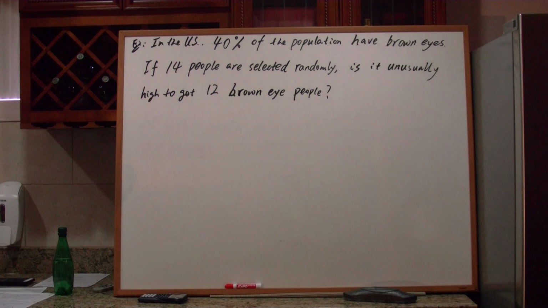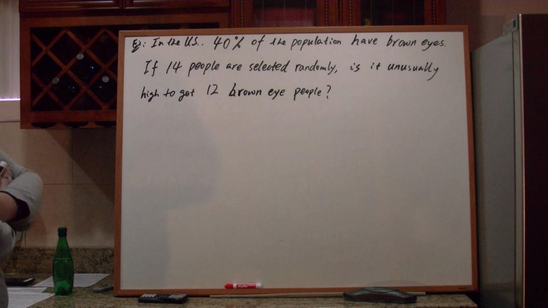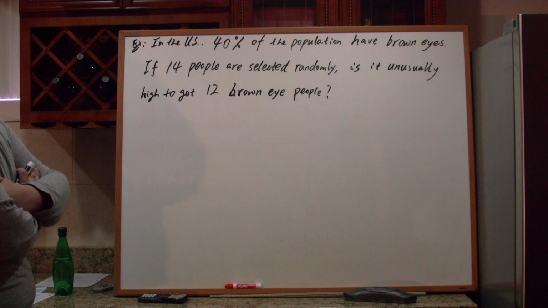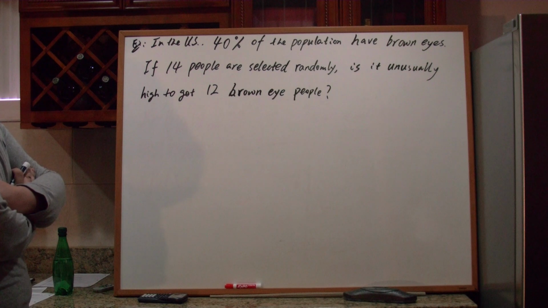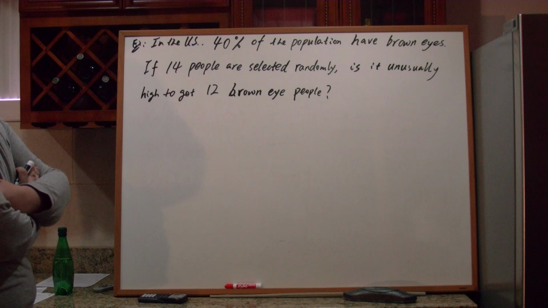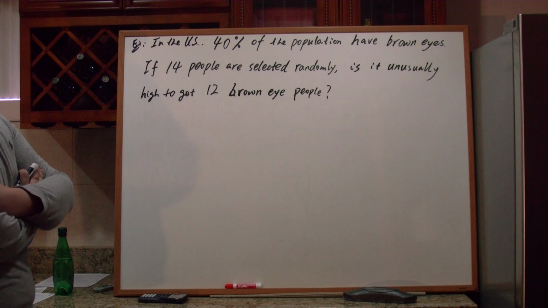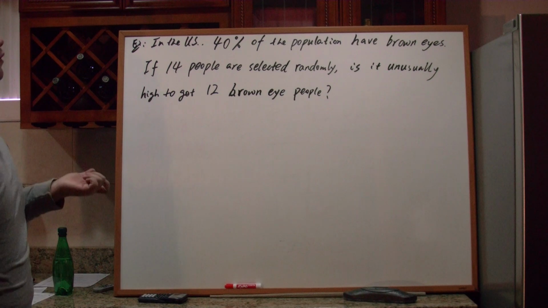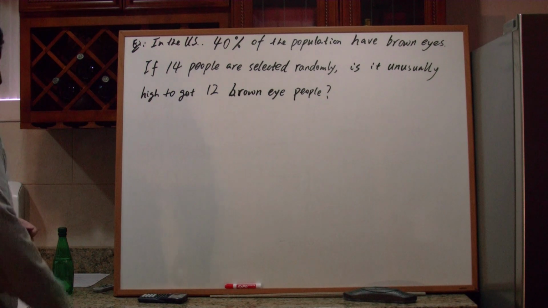Right. Well, there was an assumption that 40% of the population in the US have brown eyes. And now 14 people are randomly selected. Is it unusually high to get 12 brown eye people? Right, so we are asking, is it unusual?